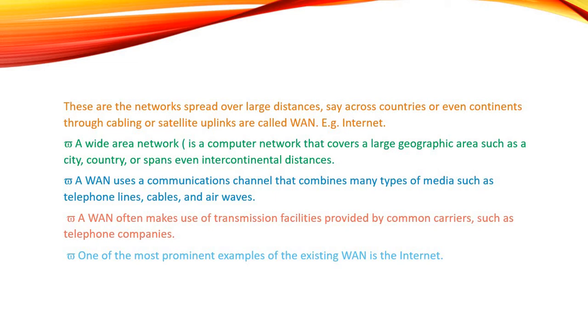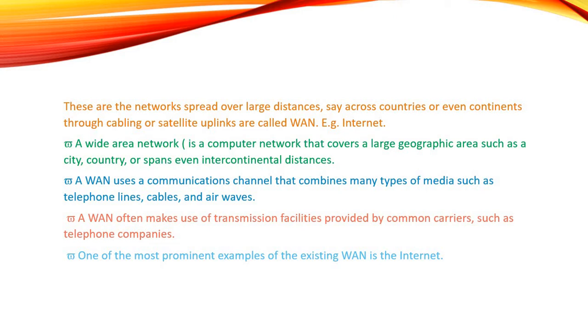A wide area network is a computer network that covers a large geographical area such as cities, countries, even intercontinental distance gets covered by the WAN, and communication channels that combine many types such as telephone lines, cables, airwaves get included over here.